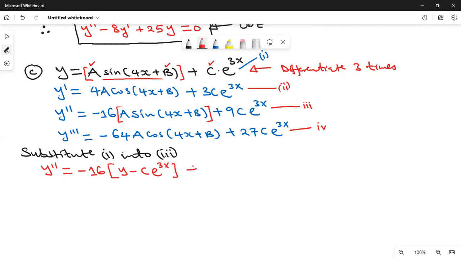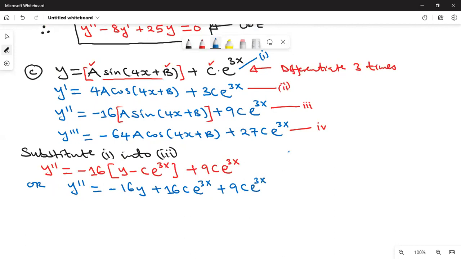Then there's plus 9c exponential 3x. If I simplify, you can write y double prime is equal to negative 16y plus 16c exponential 3x plus 9c exponential 3x.